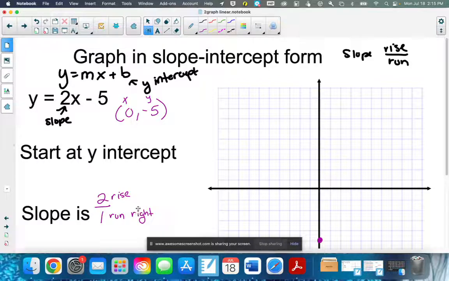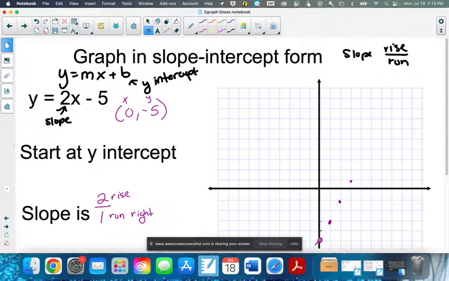Because negative slopes go down and to the right, positive slopes go up and to the right. So from our y-intercept, we are going to go 2 squares rise, that's up, and 1 square run. So rise over run. Do it a couple of times, that way you can draw a really nice straight line.